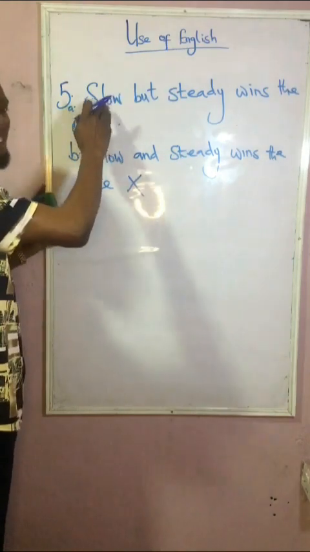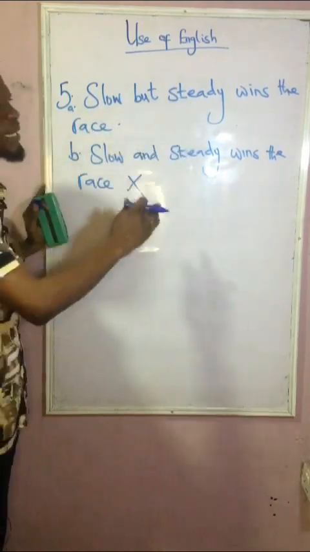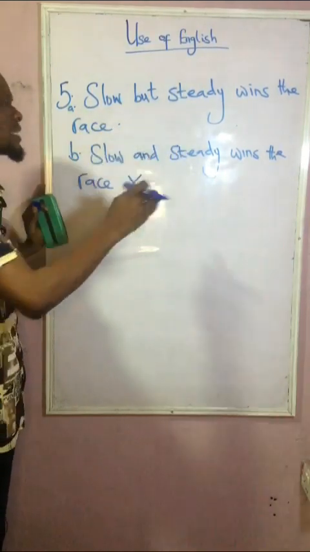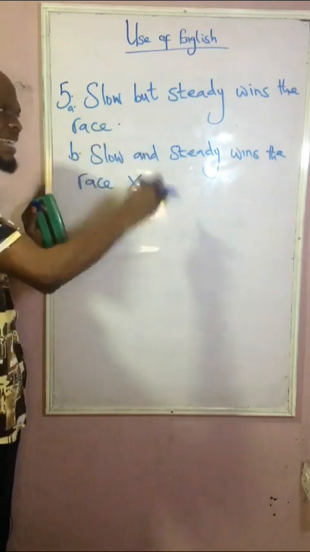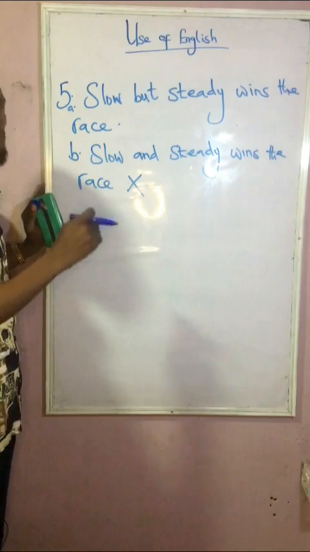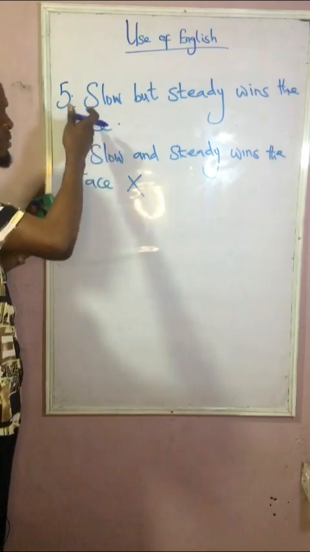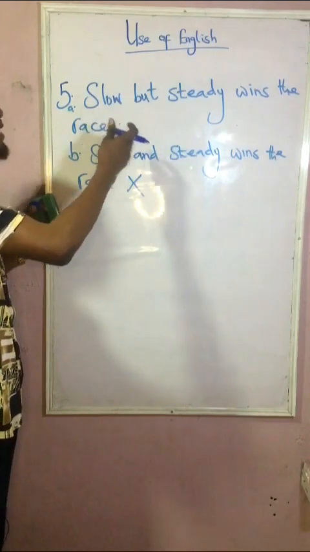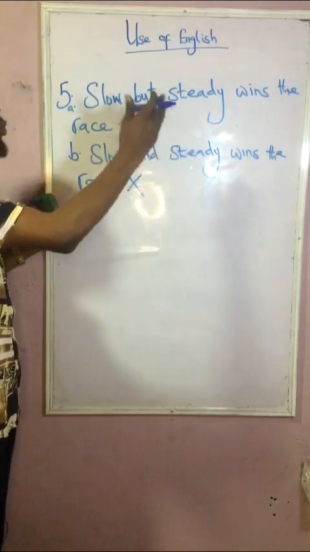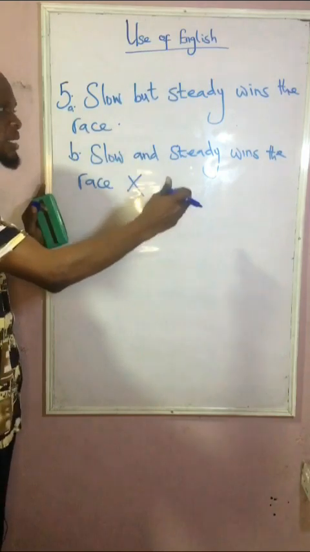The standard expression is slow but steady wins the race, not slow and steady wins the race. So you should be mindful of your expression if you intend to use something of this.